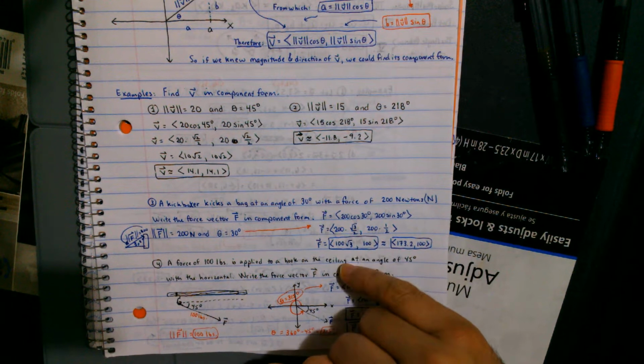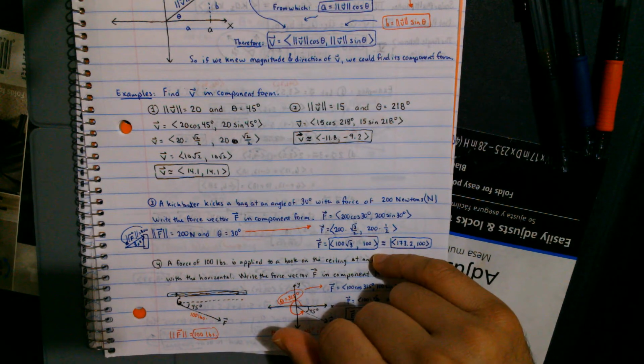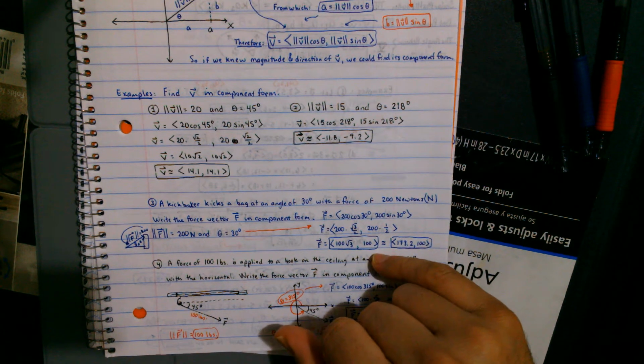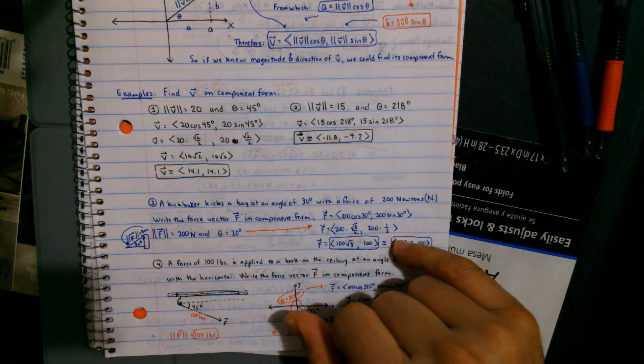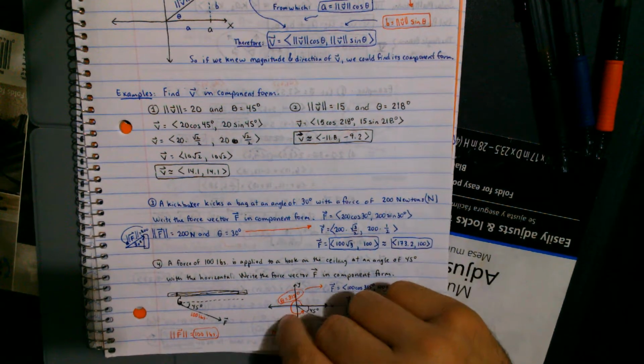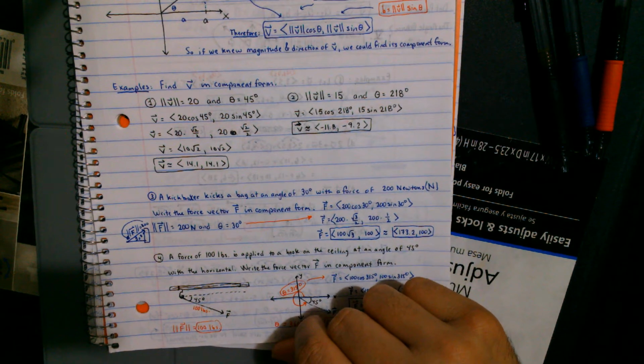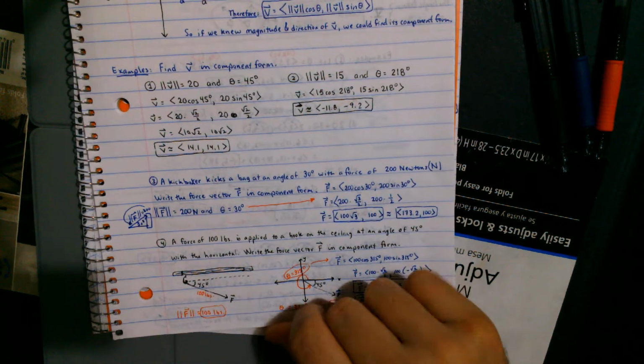Let's cancel. You have 100 square root of 3, comma, and essentially 200 divided by 2 is 100. So 173, comma, 100. This is the component form of the force that you're given, the 200 newtons at an angle of 30. Those are your components to get there.